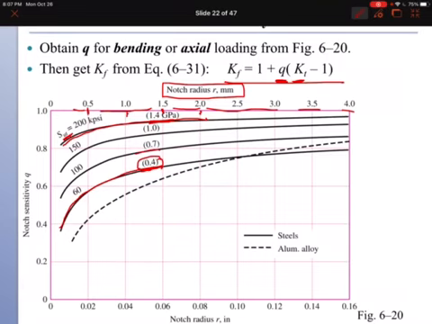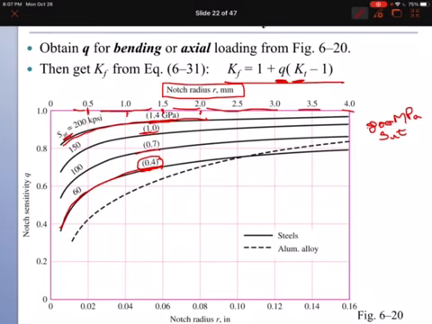So if you have a material with ultimate strength of, let's say, 800 megapascal, that means the curve for this material will be between the 0.7 and 1. This is 700 megapascal and this is 1000 megapascal.